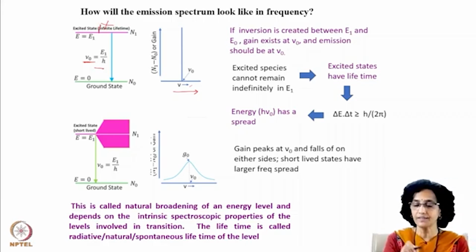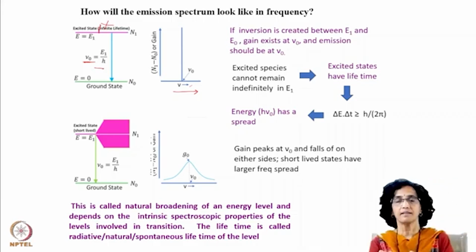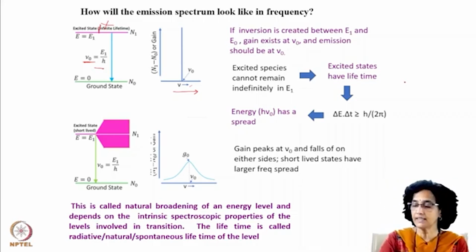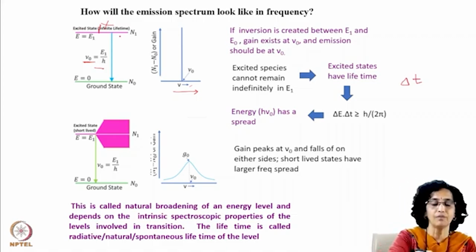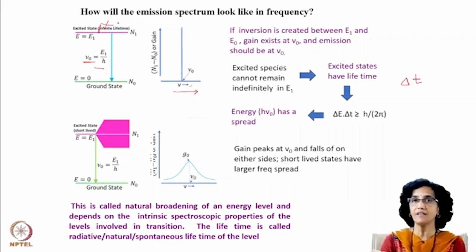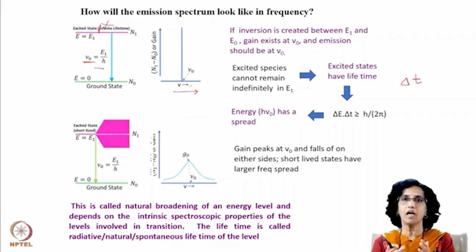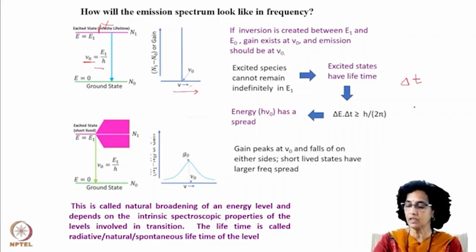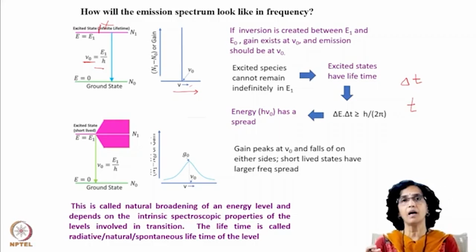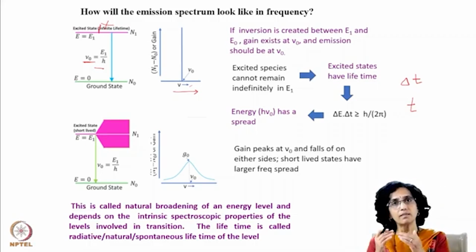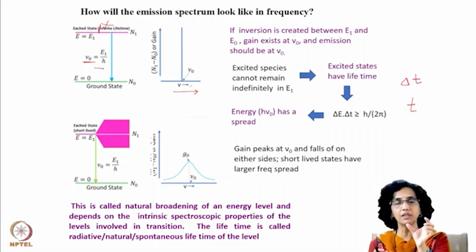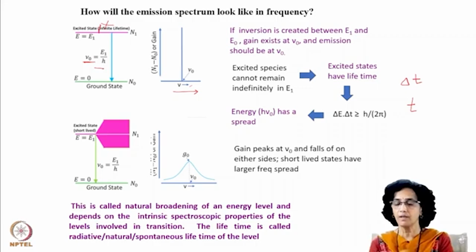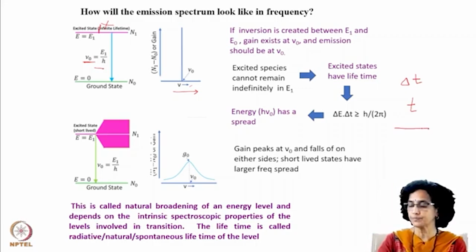When you say finite lifetime, that means there is an uncertainty delta T in whether the molecule will be there. If a particular level has a lifetime T, then in time T, about 66% of the population comes down. That means only 33% remains in that particular level.